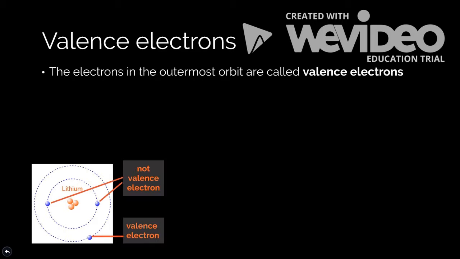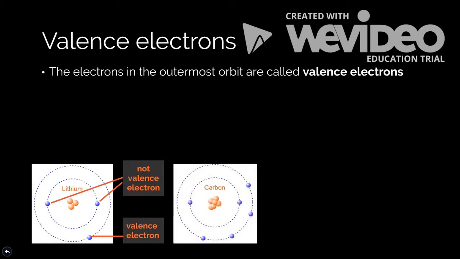That last one goes in the second ring, and that is called a valence electron. And this carbon atom, same thing. I have 2 rings, and on the inside ring I only have 2 electrons, and these are not valence electrons. Then in the outer ring, I have a few more. I have 1, 2, 3, and 4, and those will be called valence electrons, just because they're on the ring that's on the outside.